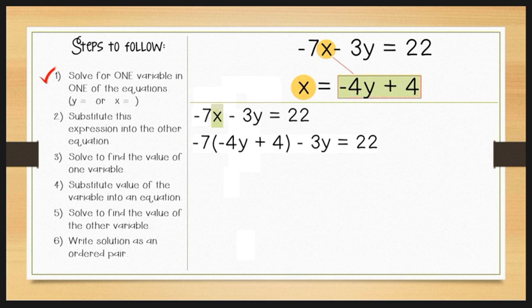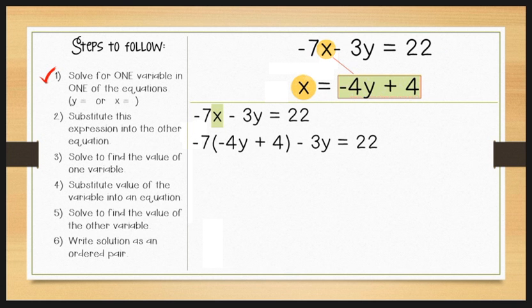So when that is substituted in, we would have negative 7 and in parentheses negative 4y plus 4 and close our parentheses for that expression, and then continue writing the rest of the equation, which is minus 3y equals 22. So once again, the only thing that we're changing in this equation is we're substituting this expression in for x.